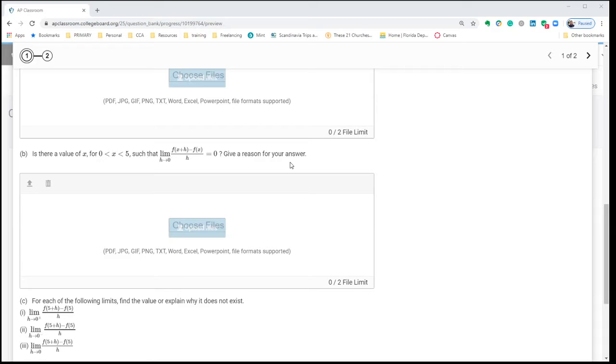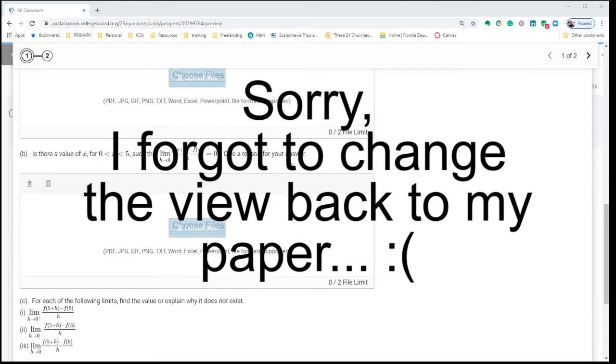So for the answer, you can write something like this because you need to justify what you're doing. f of x plus h minus f of x over h equals, it's the same, that's right.